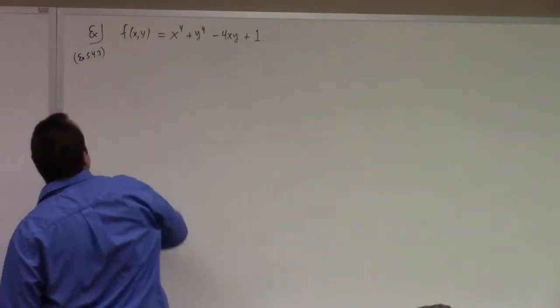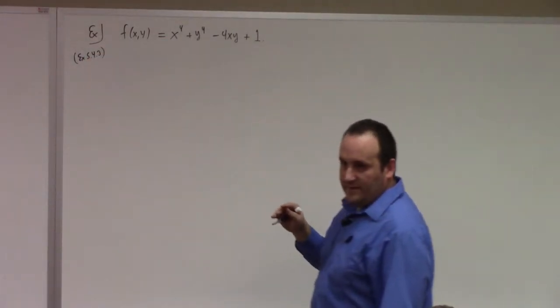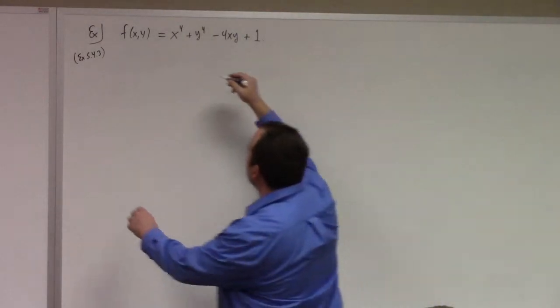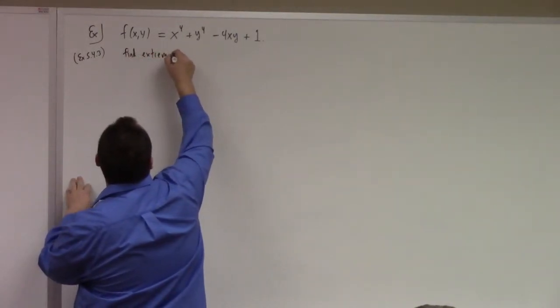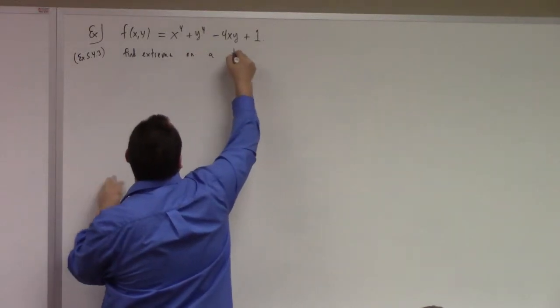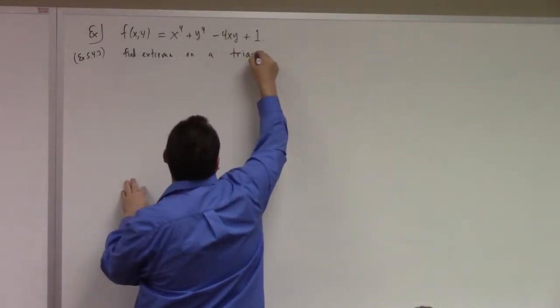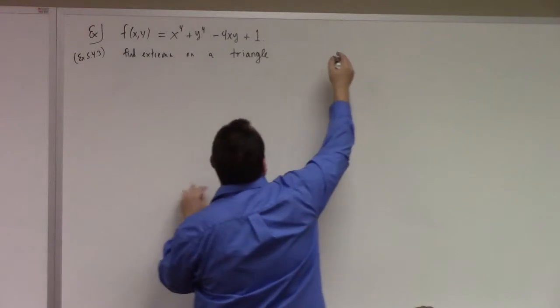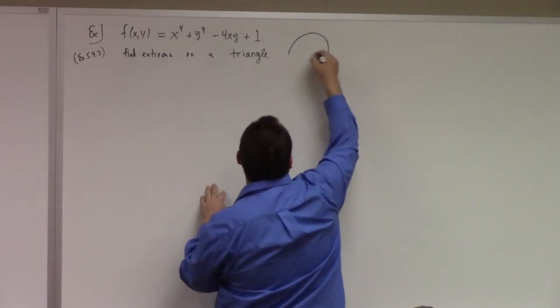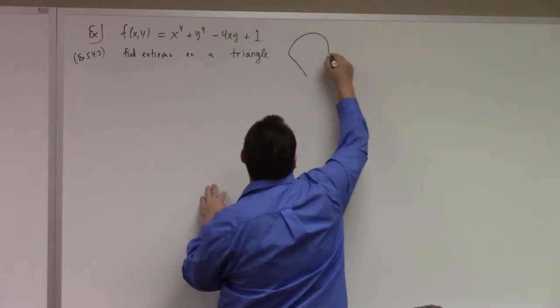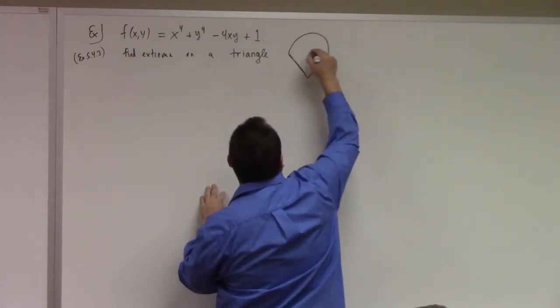And here's what I'm going to do. I want to find the extrema of this on a triangle. Well, not quite a triangle. Let's say kind of like a snow cone, on this region.